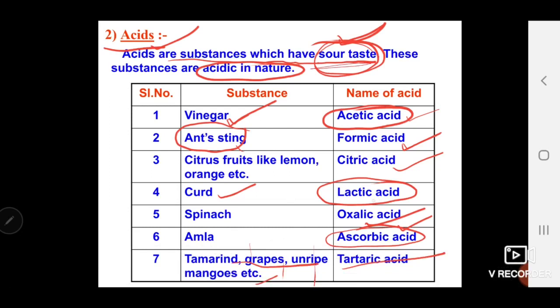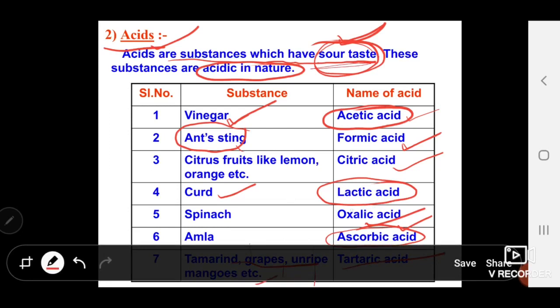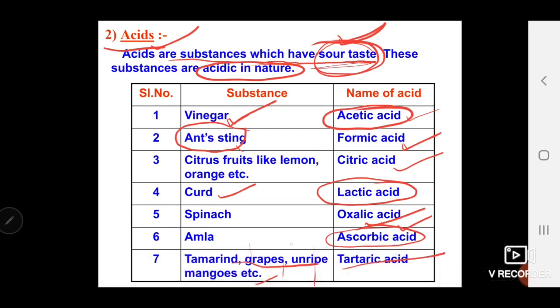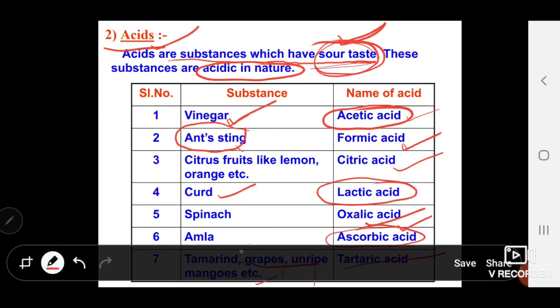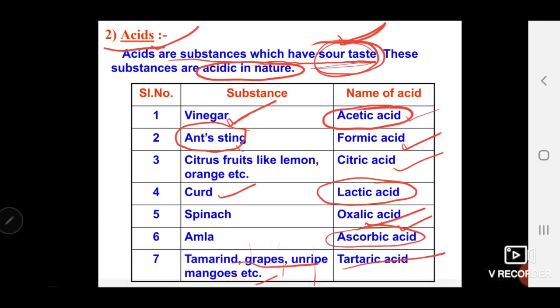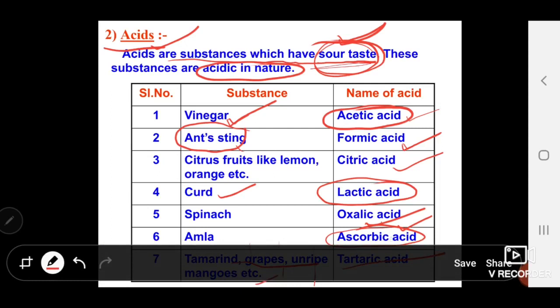With the help of lactobacillus bacteria, milk is converted into curd. The name of the bacteria is lactobacillus. This bacteria is responsible for the conversion of milk into curd. And spinach contains oxalic acid, amla contains ascorbic acid, and tamarind, grapes, and unripe mangoes always contain tartaric acid.